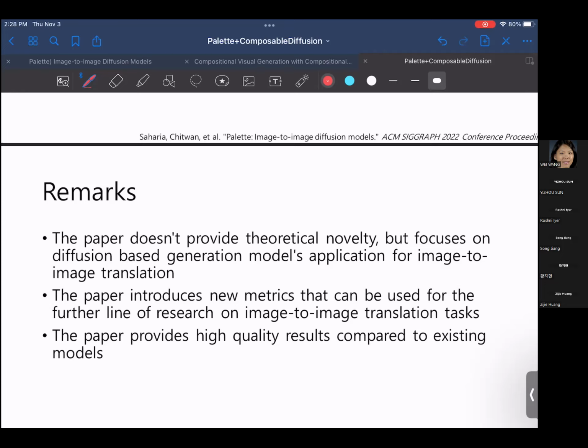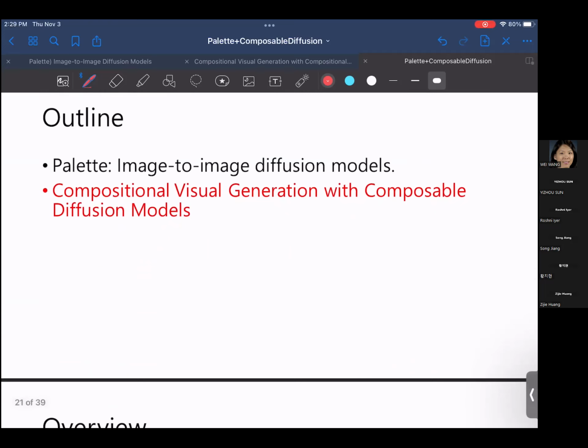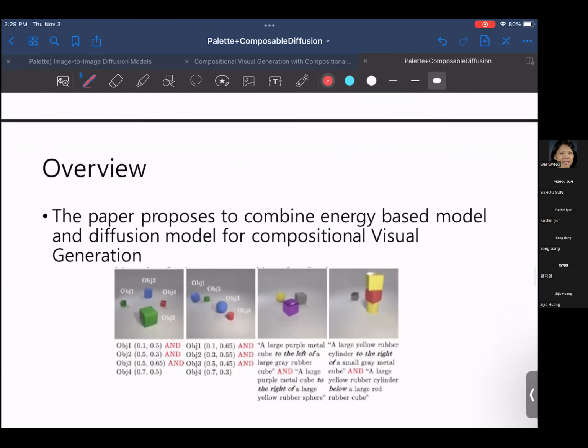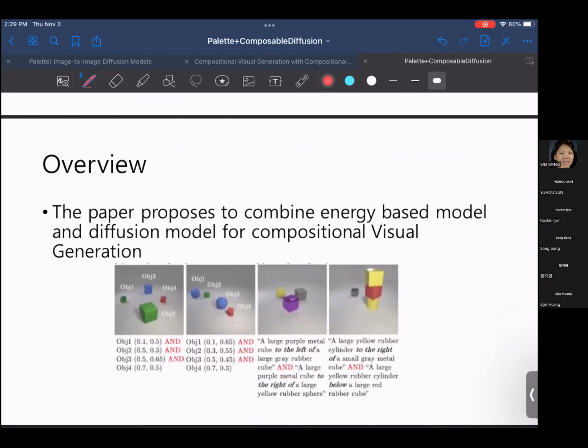So I'll move on to compositional visual generation, which has more of the equation, theoretical part of the contribution. For the overview, the paper is proposing to combine energy-based models, which are another line of research apart from diffusion models, and combine these two to create compositional visual generation.